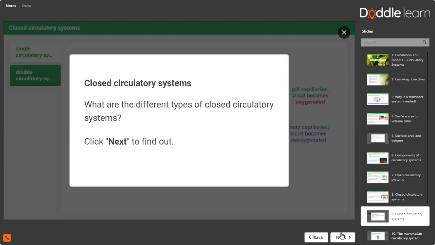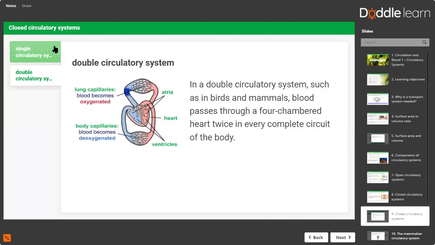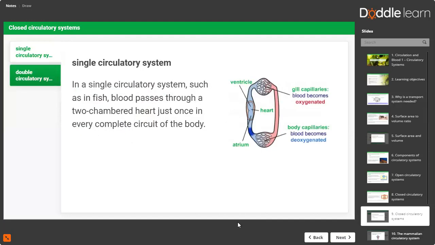So with closed circulatory systems, what are the differences? We've got single circulatory systems and double circulatory systems. In a single circulatory system, such as in fish, blood passes through a two-chambered heart just once in every complete circuit of the body. We've talked about gas exchange in fish, but the circulatory system in fish is a single circulatory system.